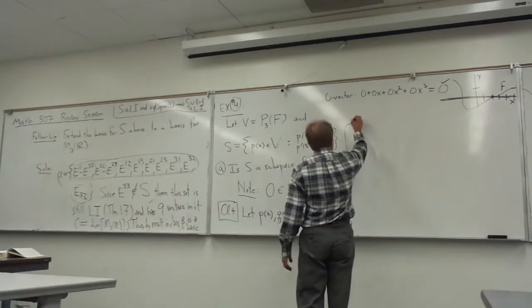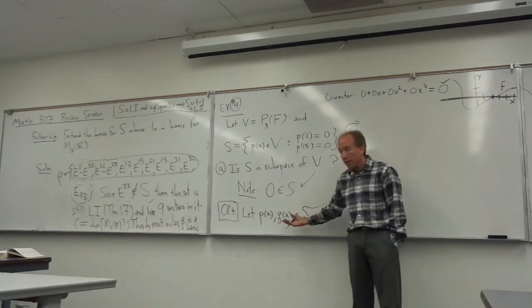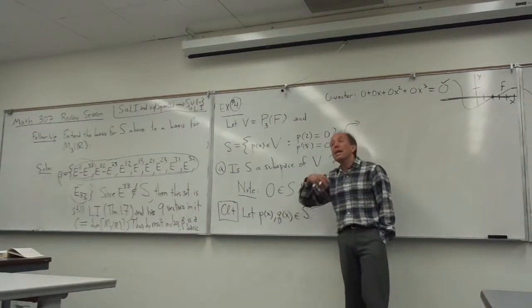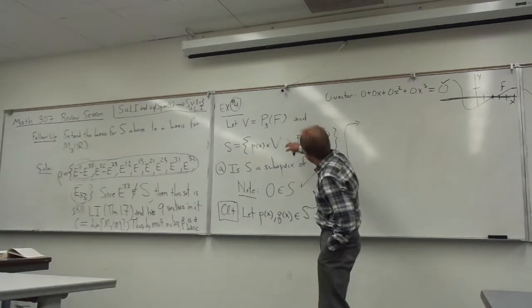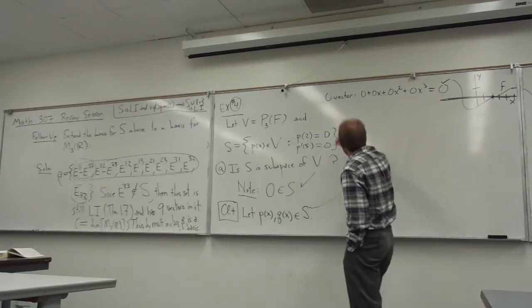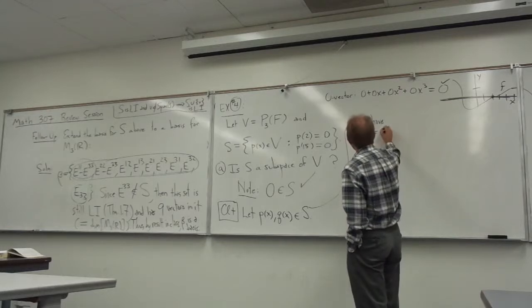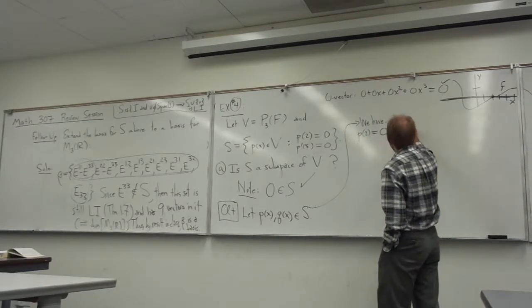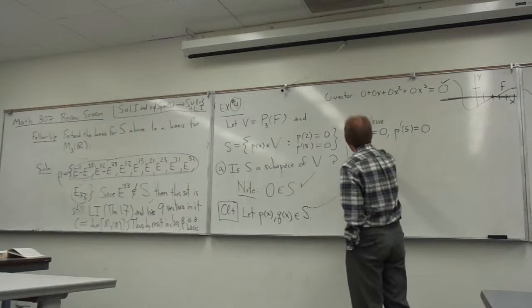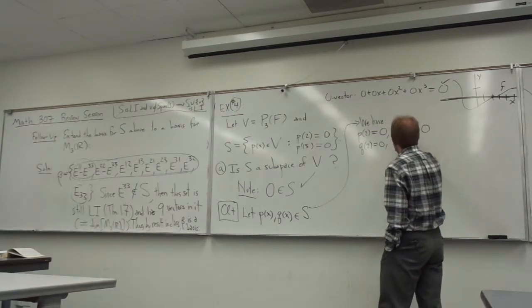So then I'm going to come over here and I'm going to ask myself, what does this mean? If P and Q are in S, it means they satisfy this condition, right? They are cubic polynomials that satisfy this condition. So what we have is, we have P of 2 equals 0, P prime of 5 equals 0, Q of 2 equals 0, and Q prime of 5 equals 0.